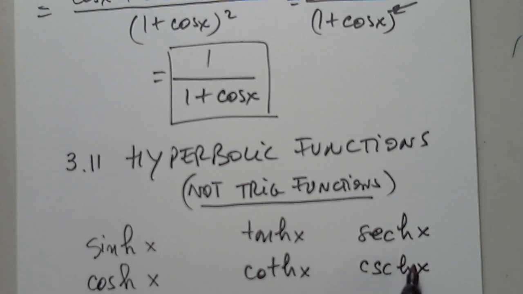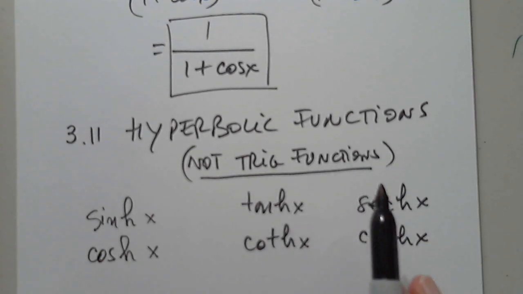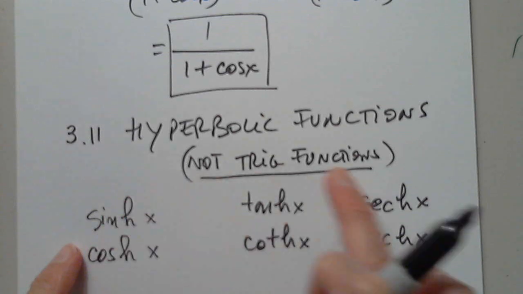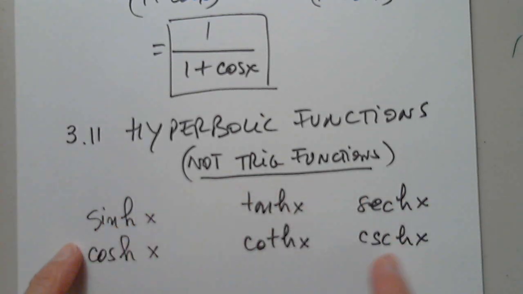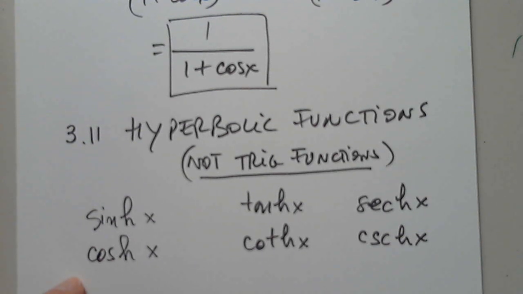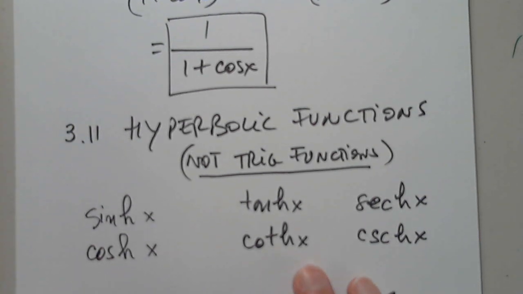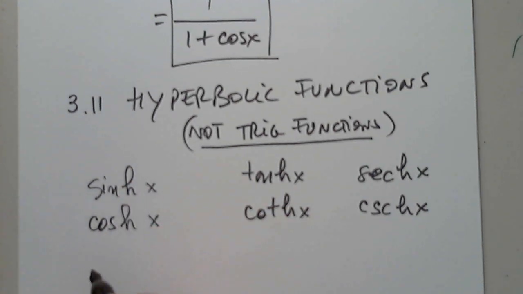Why are they called this way if they're not trig functions? Because the relationships among them have some similarities with trig functions, but they're not trig functions.